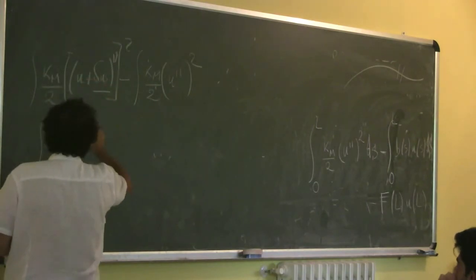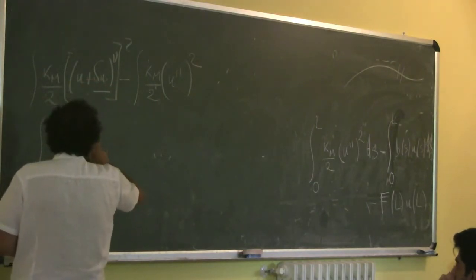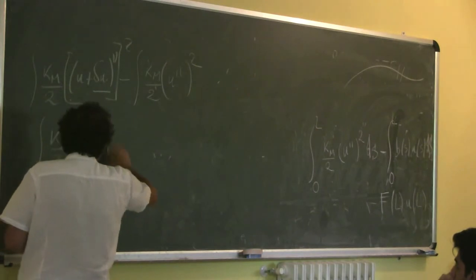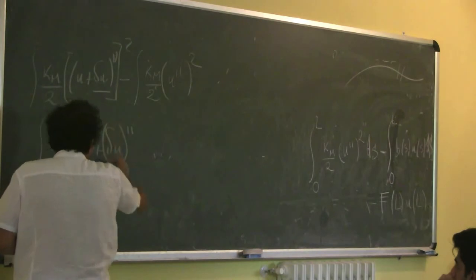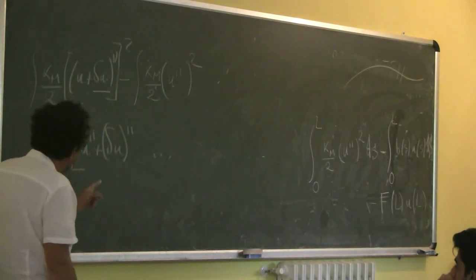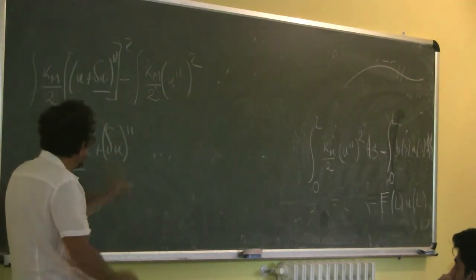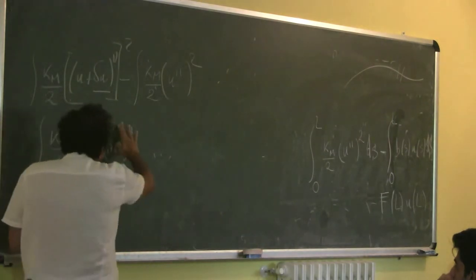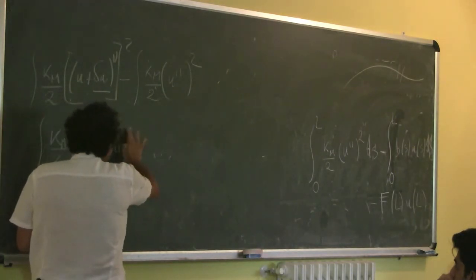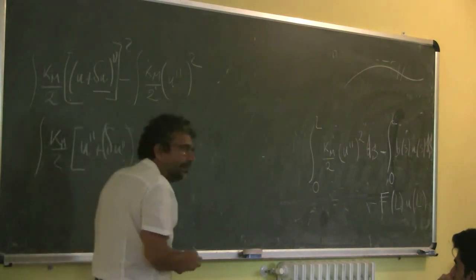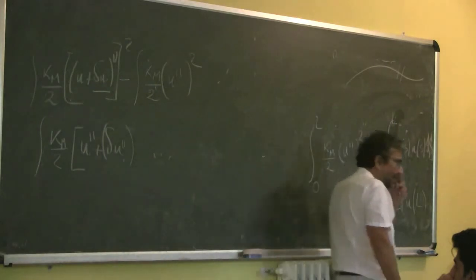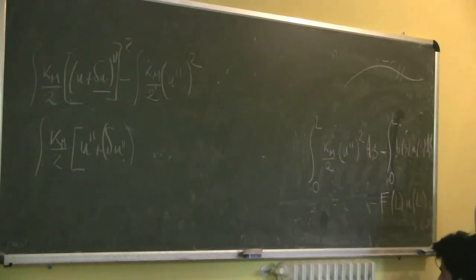So I start writing this, u second plus delta u second. Then I place the second derivative here. What I'm saying is that the second derivative of delta u is small.